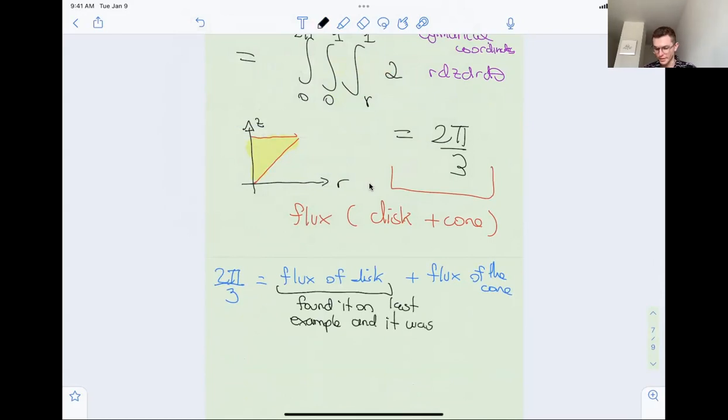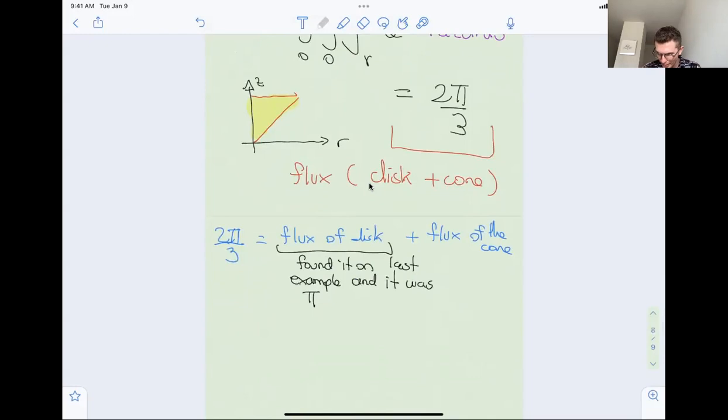It was pi, right? So if you know that, then 2 pi over 3 equals pi plus the flux of the cone.